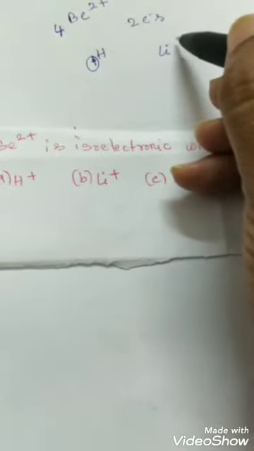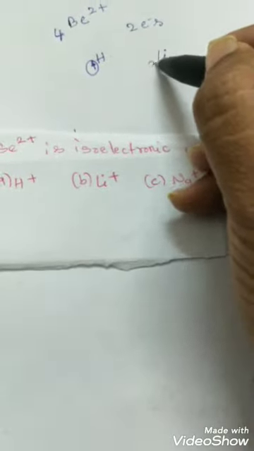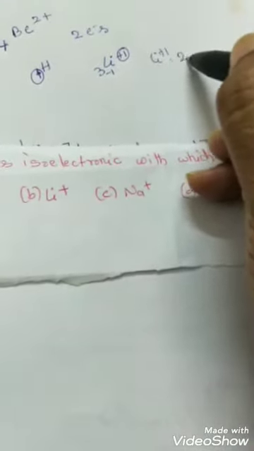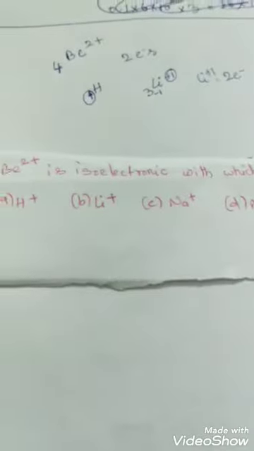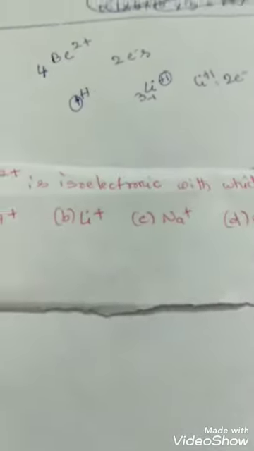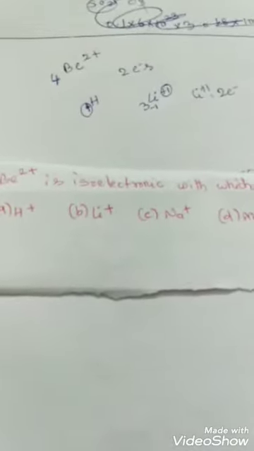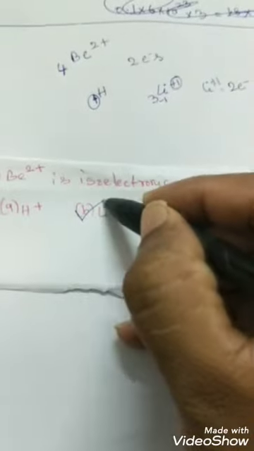Lithium's atomic number is 3, and plus 1 means 1 electron is lost, so lithium plus 1 contains 2 electrons. Beryllium also contains 2 electrons. So beryllium 2 plus is isoelectronic with lithium plus 1. Option B is correct.